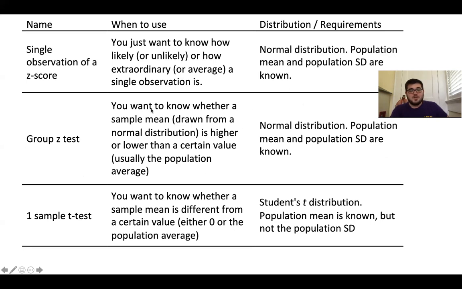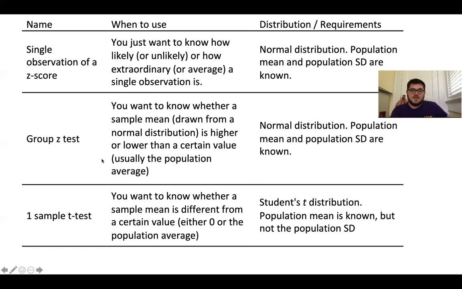So if I ever talk about a group and ask whether this sample mean of IQ scores is different from the general population, you automatically know I'm talking about a group Z-test because IQ scores have a known population standard deviation. So that's one time where I can promise you, you can know which one of these tests I'm talking about.